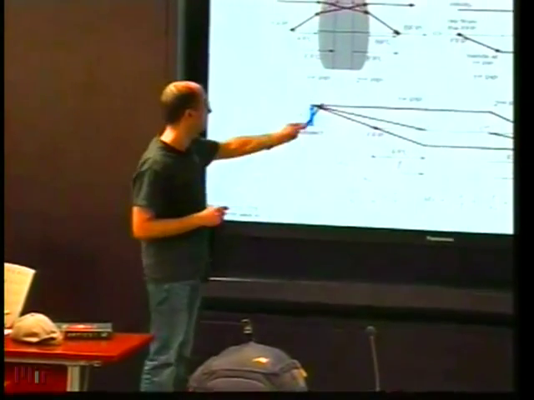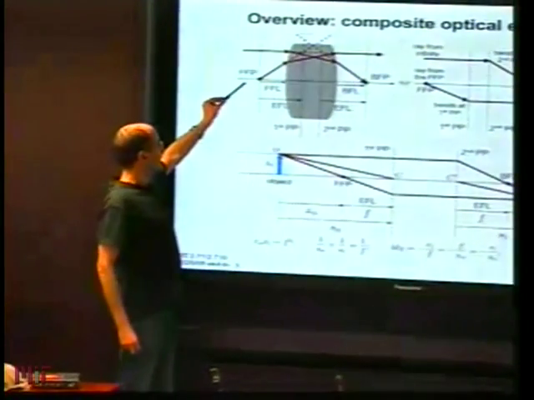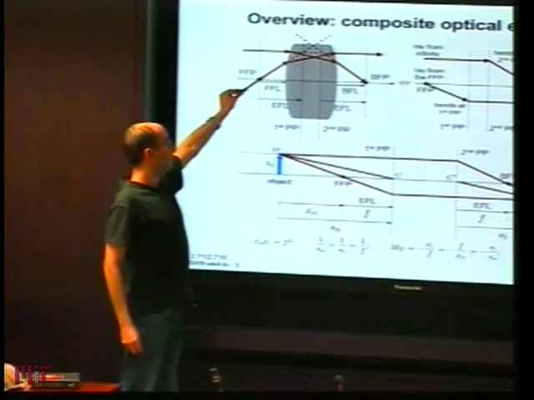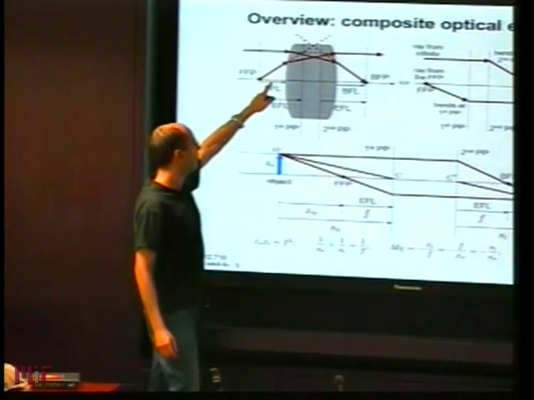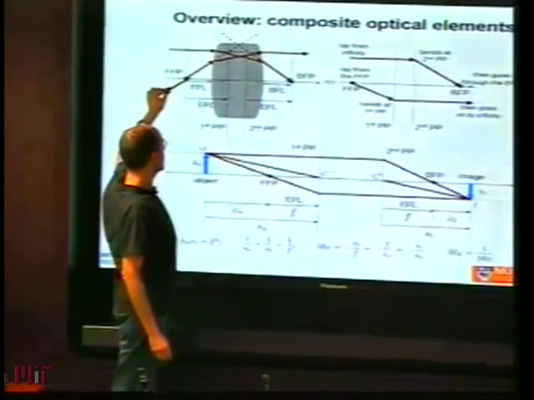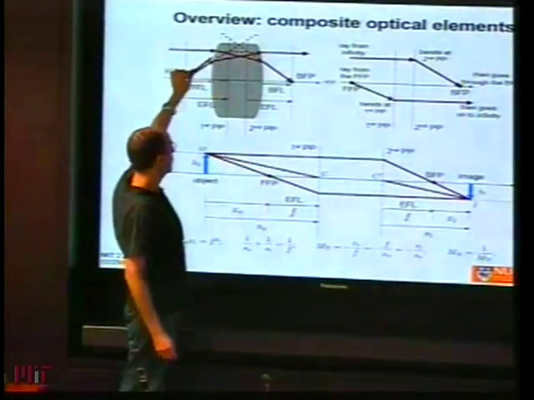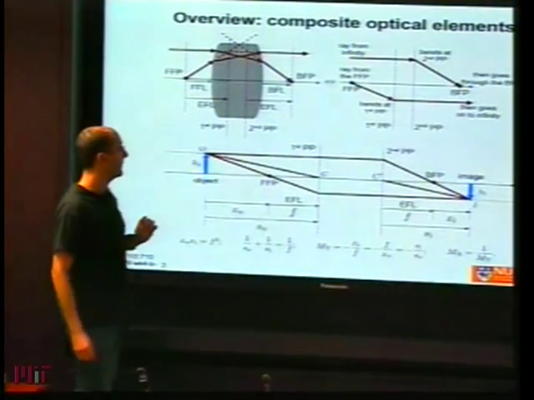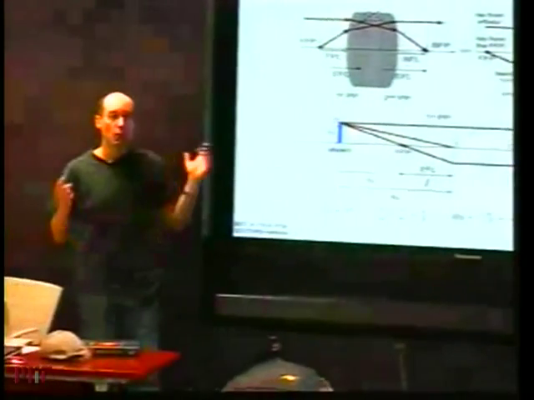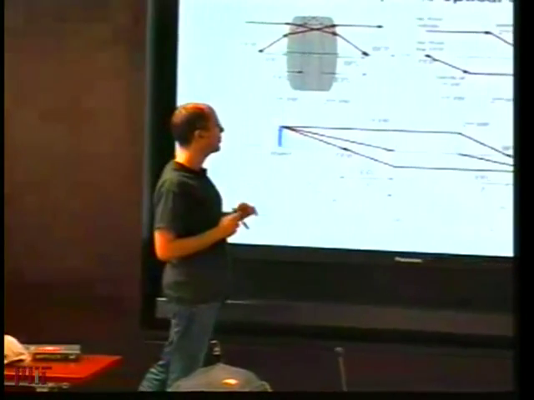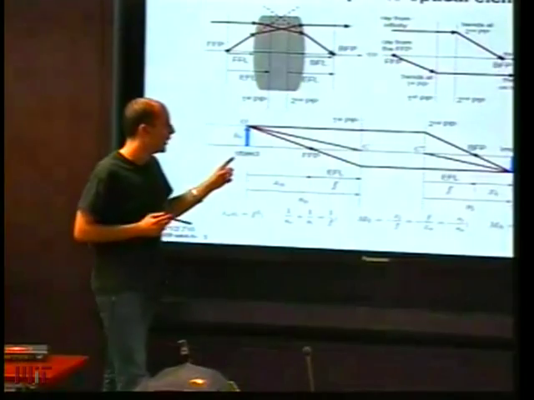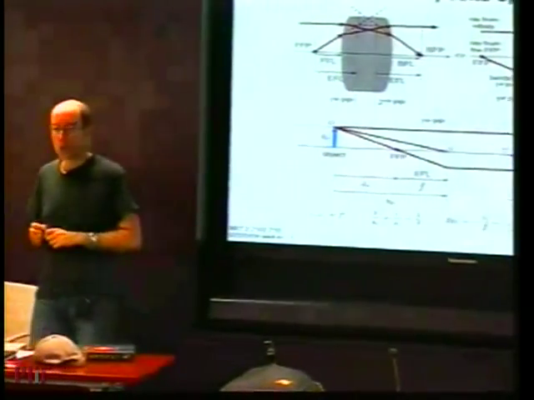Actually, that is called the second principal plane. If I do it for an incoming ray bundle that is imaged at infinity, then it is the other way around. Again, I can extend the incoming ray and the outgoing ray, and again get the first principal plane. And the reason we did all this exercise to discover principal planes is because this allows us to do the ray tracing as shown over there.